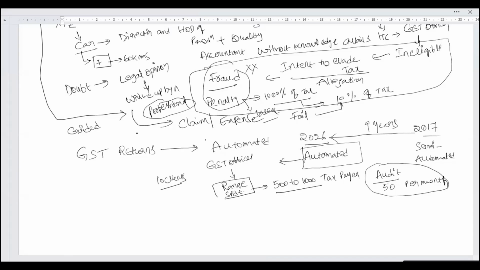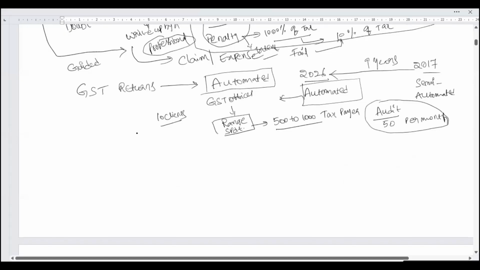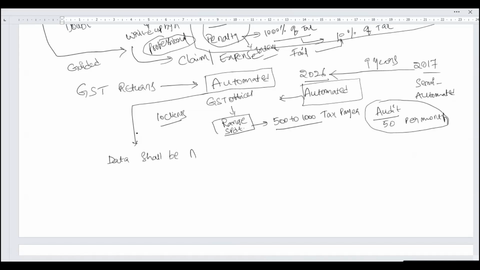This is where the government said, let's do automation. Now, this automation is the backbone of why we are having all today's discussion. This led to a mantra, which they say, data shall be auto-populated.